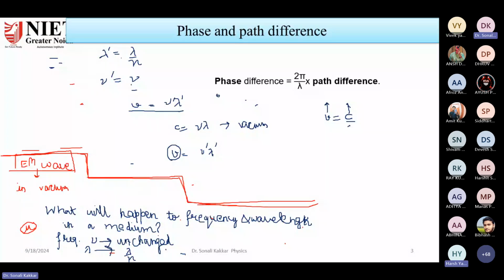Yes, v is equal to c by n. And we have written lambda prime is equal to lambda over n. So this velocity c by n is equal to nu prime lambda prime, with nu prime equal to nu and lambda prime equal to lambda by n. So this relation can be recovered.